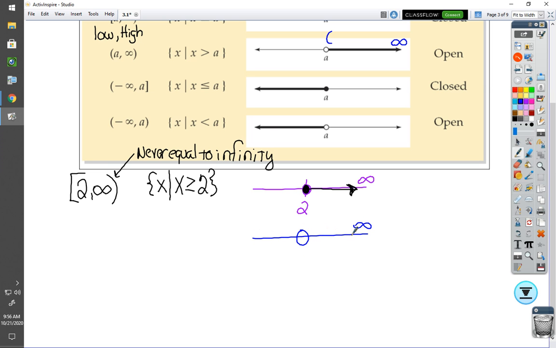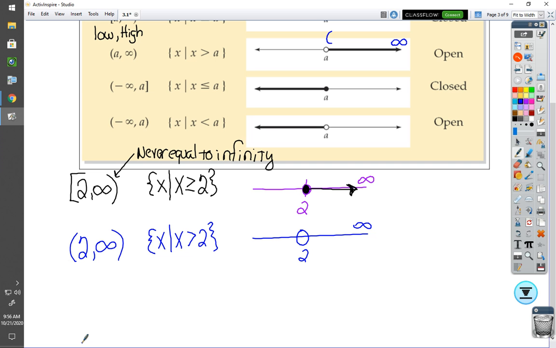The only difference is it's an open hole. The only difference in here is that I lose my equal sign. And the only difference in here is that now 2 is not included. Everything is identical except the bracket and the parenthesis change.